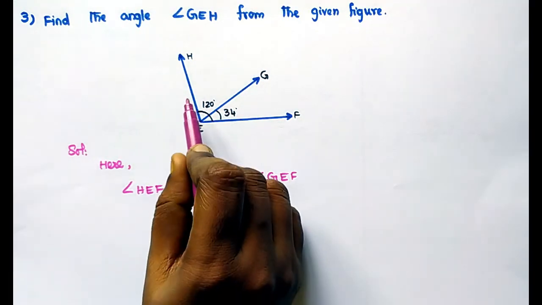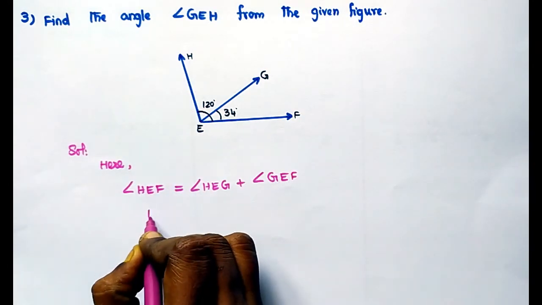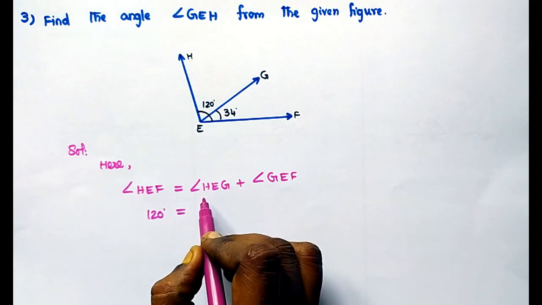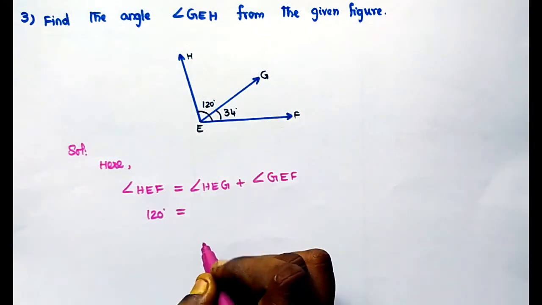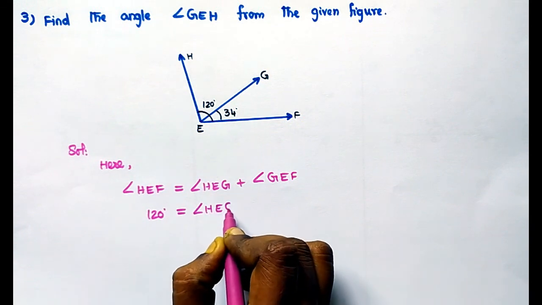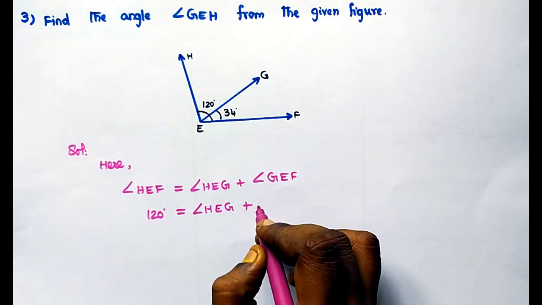They have given HEF equal to 120 degrees. So write down angle HEG, that only we have to find out, plus GEF, 34 degrees.